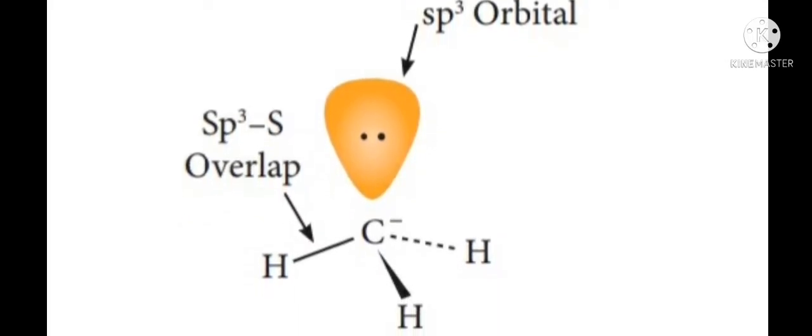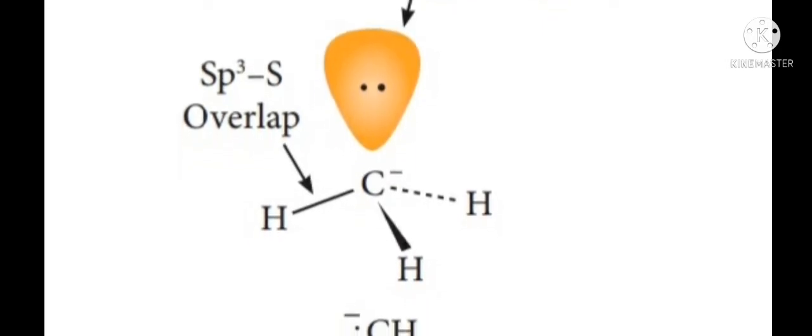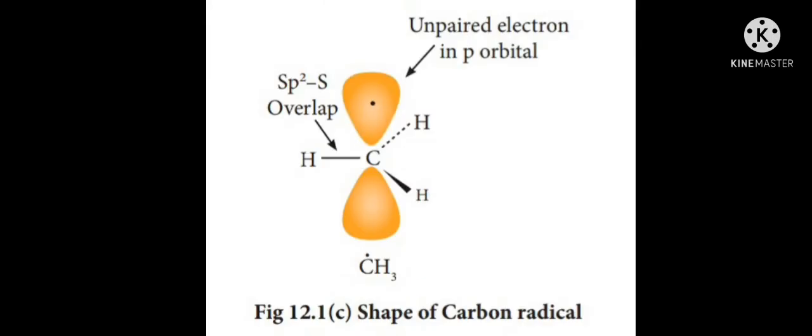It is shown in the picture. This picture shows the shape of carbanion. Finally, this picture explains the shape of carbon radical. Hence, we completed the shape of carbocation, carbanion and carbon radical.